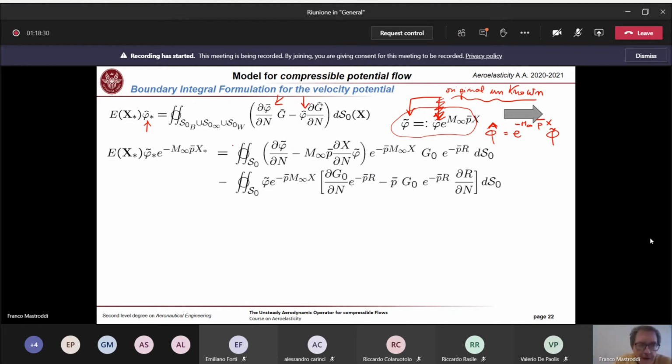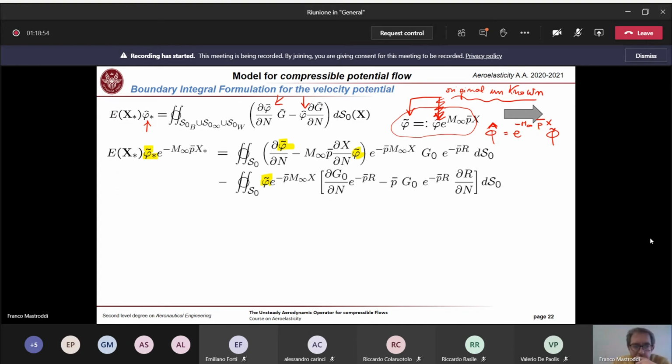So here we have the original coordinate tilde, tilde, tilde, okay, but we have also other quantity related to this exponential, of course.